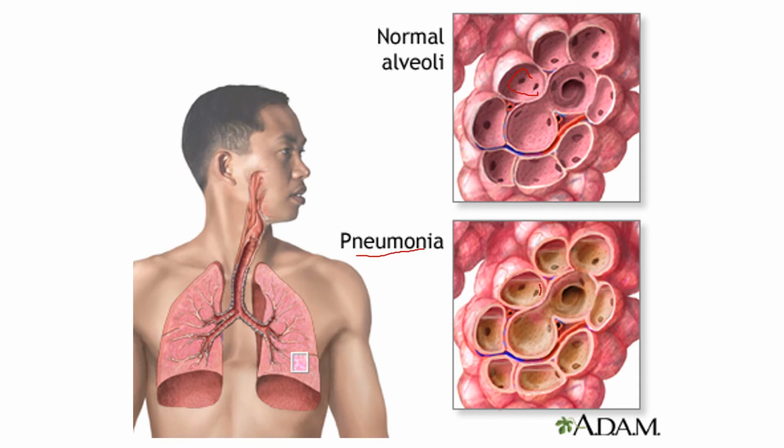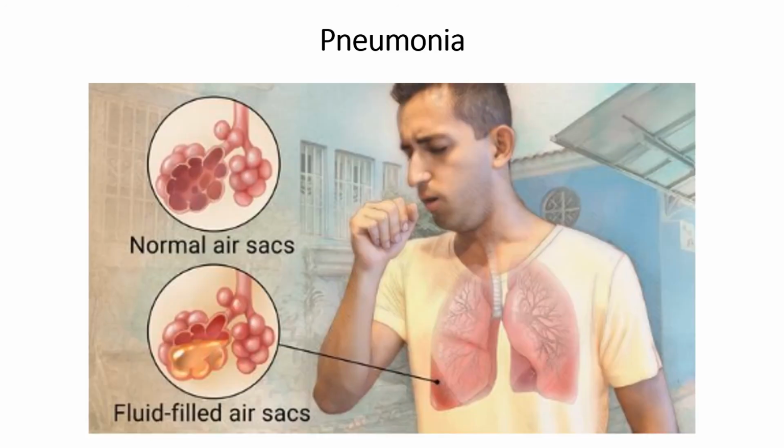You see an accumulation of fluid, liquid, and pus. A little microbiological war is going on where it's infected. Your white blood cells, part of your defense system, are fighting it off, and the bacteria are fighting back. Could be Klebsiella pneumoniae, pneumococcus, different types of organisms that can cause pneumonia.